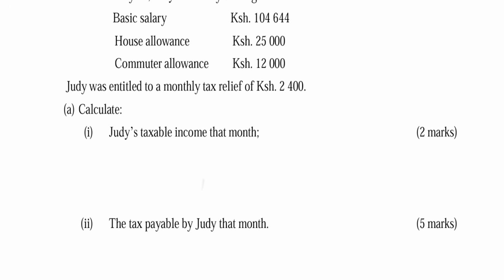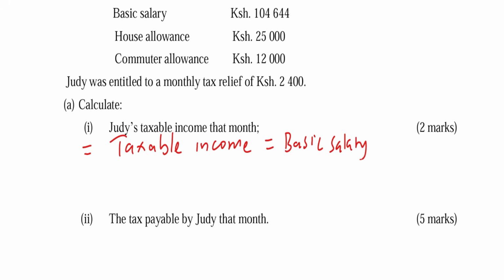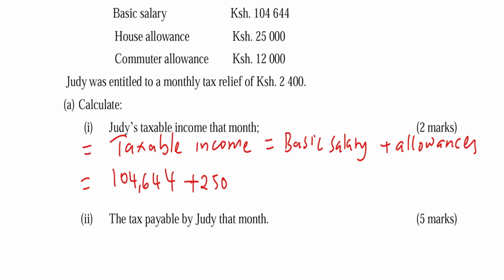So question A is asking you to calculate taxable income that month. Now for the taxable income, we know that taxable income is always equal to your basic salary plus allowances. So basic salary, which we've been given, plus all the allowances, and all allowances include the commuter allowance and also the house allowance. So basically what we're doing, we're taking the 104,644, which is our basic salary, plus 25,000, our house allowance, plus the commuter allowance of 12,000 shillings.